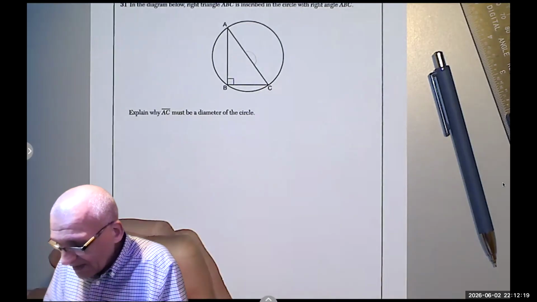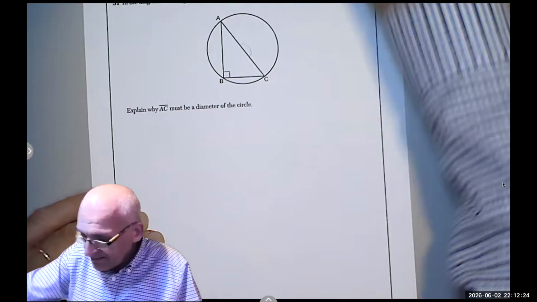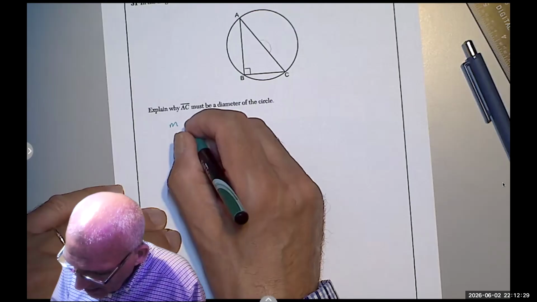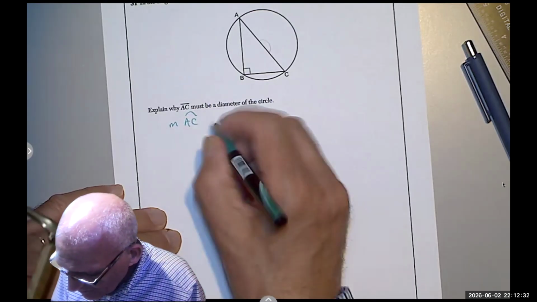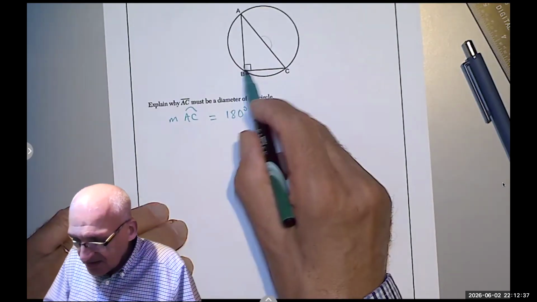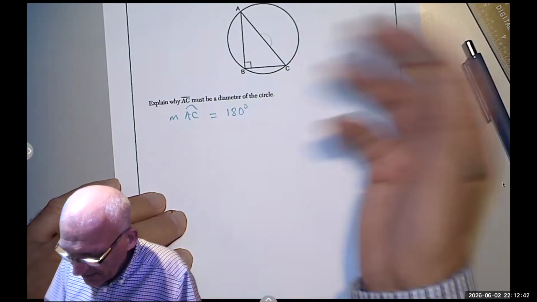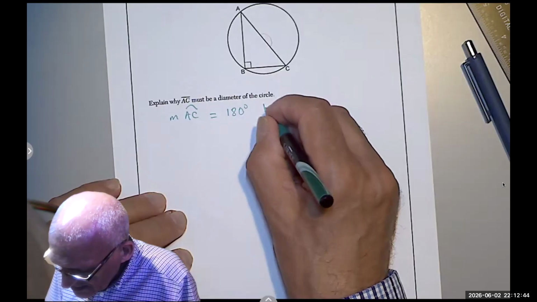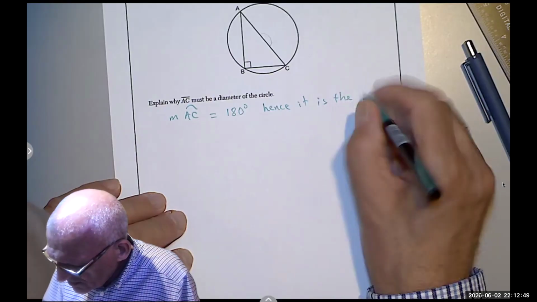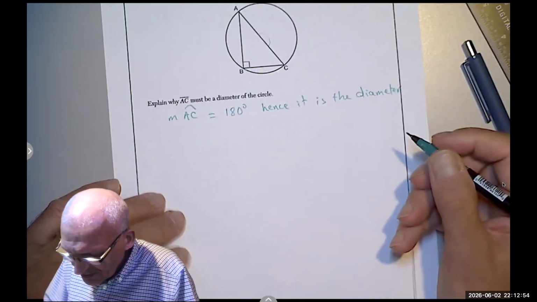So we can say the measure of arc AC equals 180 degrees, since angle ABC is 90 degrees. That's definitely the double. Hence, it is the diameter. I don't know how they want us to explain it, but I think that should be enough.